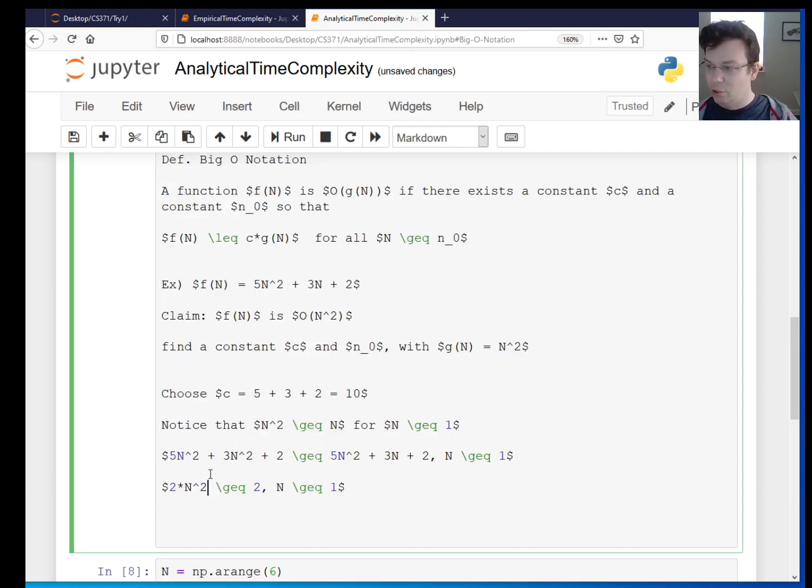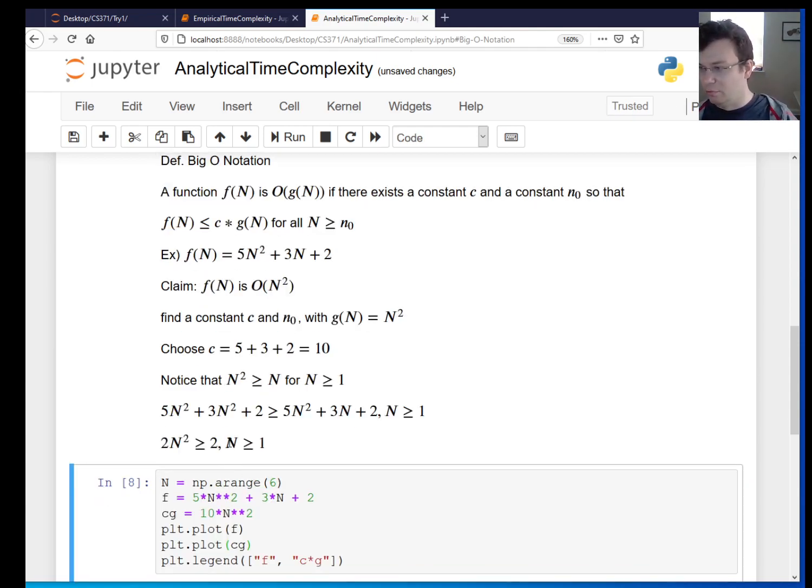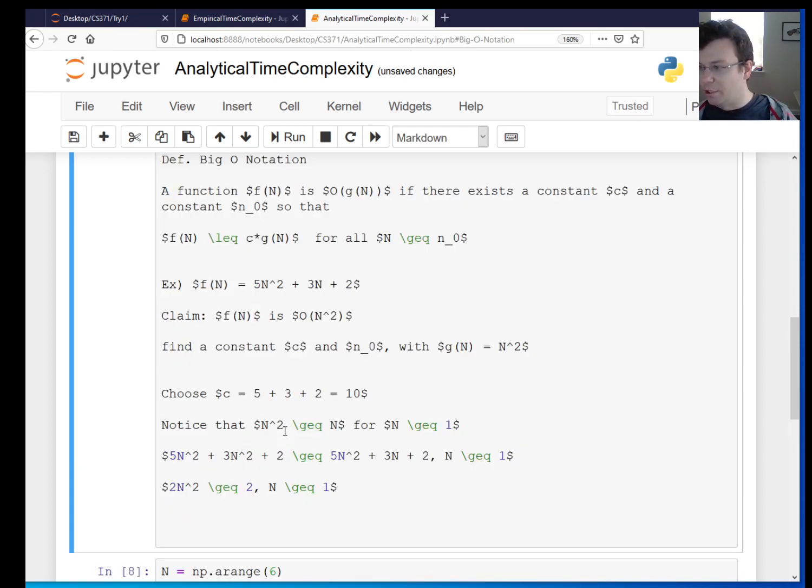Actually, sorry, I meant to say 2n squared is greater than or equal to 2 when n is greater than or equal to 1. That's definitely true. So what that means is this inequality is still effective if I replace my 2 by a 2n squared. So let me do that.